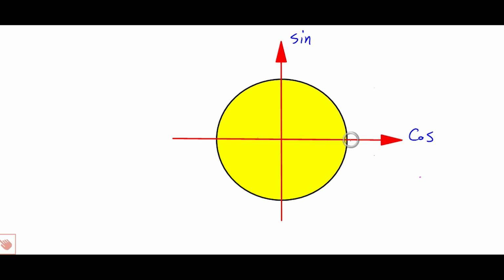And we know that this point is 0, this point is pi over 2, and here is pi, here is 3 pi over 2, and here is 2 pi. Also, the theta we're discussing is an angle between 0 and pi over 2.